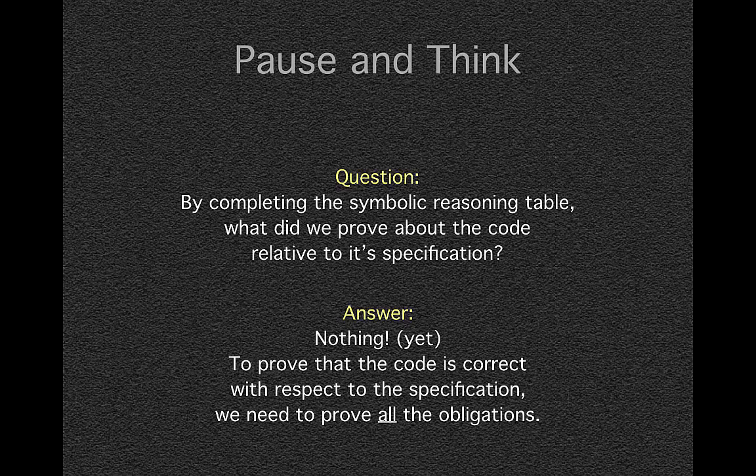We've already seen that obligation 1 was trivial to prove, and there was no obligation 2, so we just have to worry about obligation 3. You might think that the final obligation would usually be the most difficult to prove, and most of the time that's true. So let's look at just one portion of the final obligation.